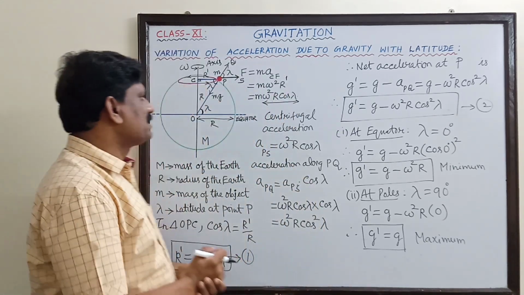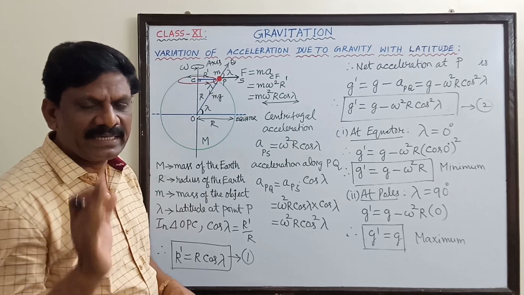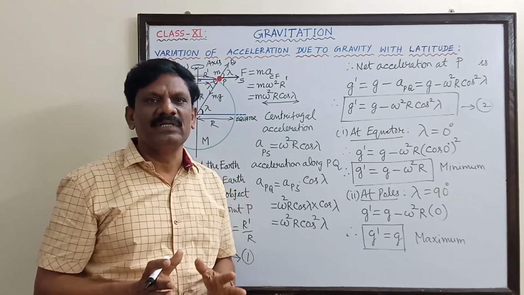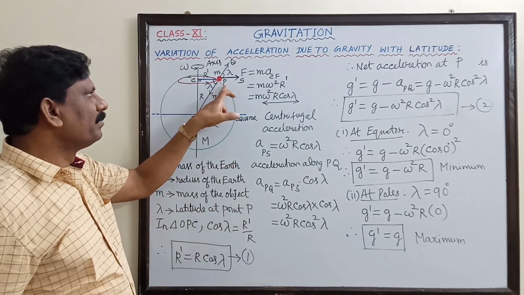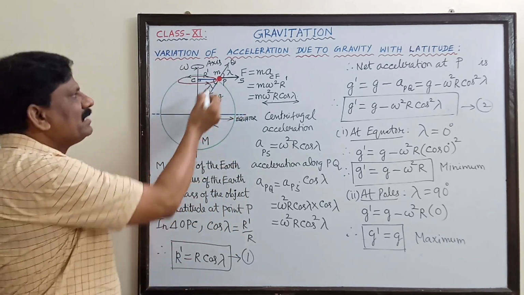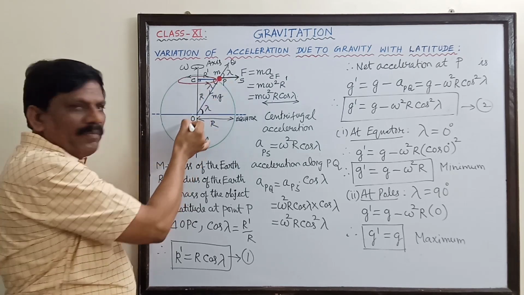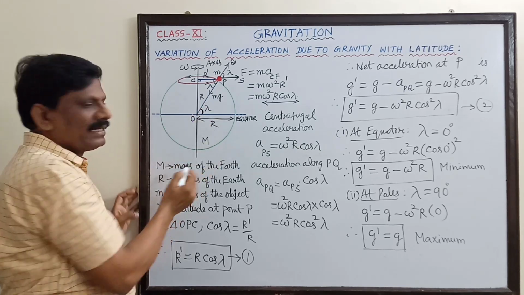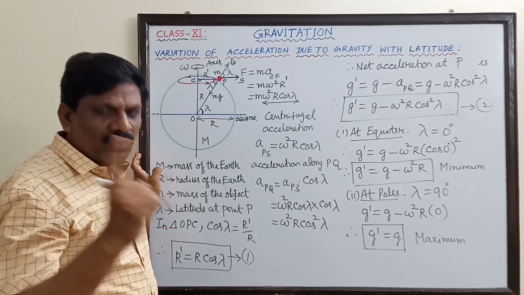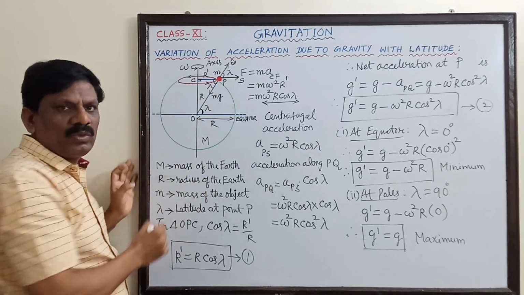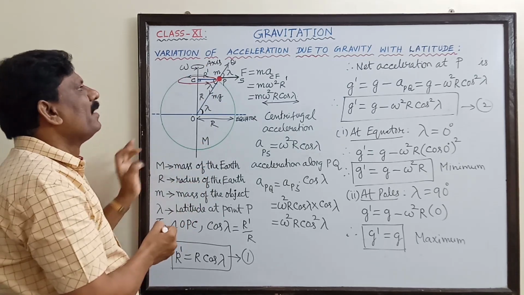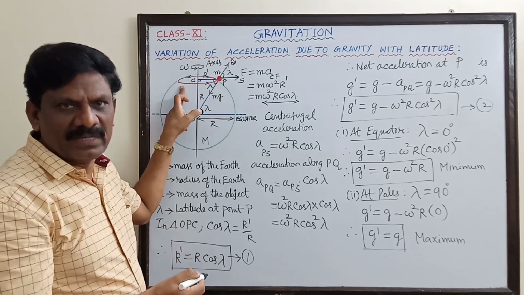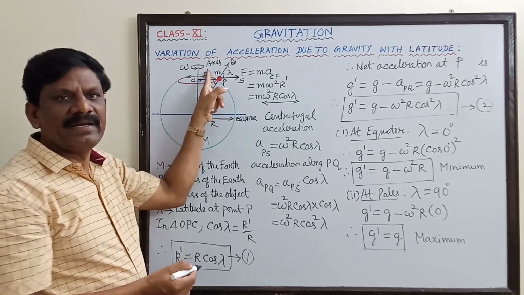So how did we start this derivation? I will recall once again. First you draw the diagram carefully and understand it. The mass M is kept at a point P. Its weight is acting along PO, that is mg. When the earth is rotating about an axis passing through the north and south poles, this body of mass M will make a circular path of radius r dash.